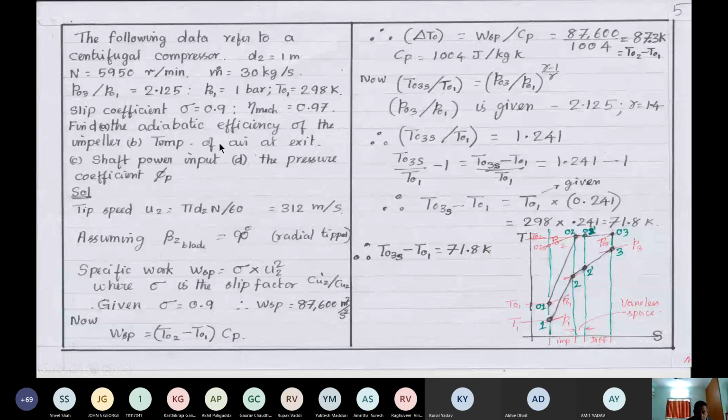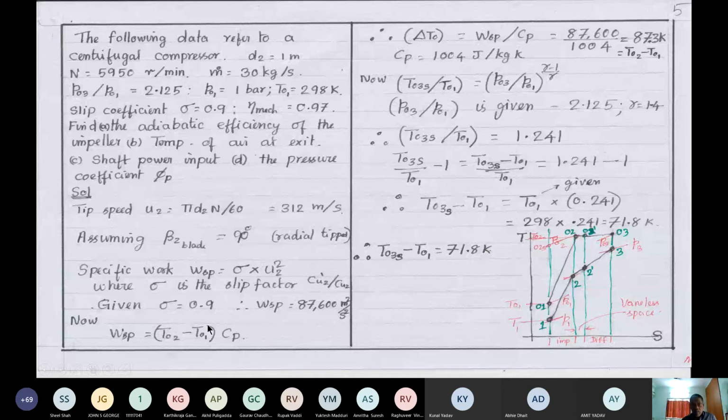So the specific work W is also equal to (T02 minus T01) into Cp. That is the energy input. From this relationship, once you calculate specific work, sigma is known, U2 is known, so specific work we have found is 87,600 meters square per second square.